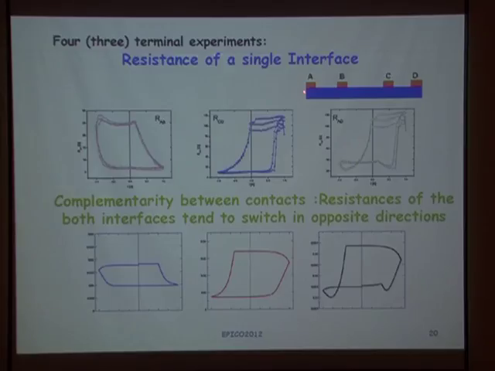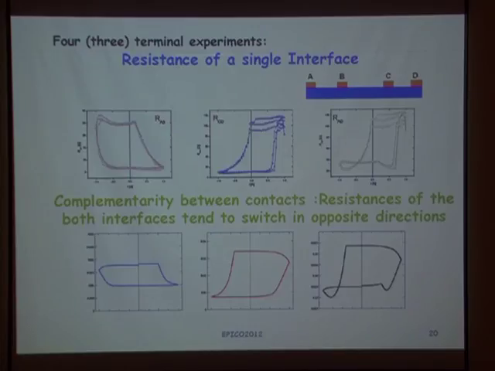You can apply pulses of current or voltage between the A and D electrodes, and you can concentrate on the local resistance, the voltage drop between A and B or C and D. In a way, you can measure the left interface resistance or the right interface resistance. So these are plots from AB, the left interface, and the right interface.